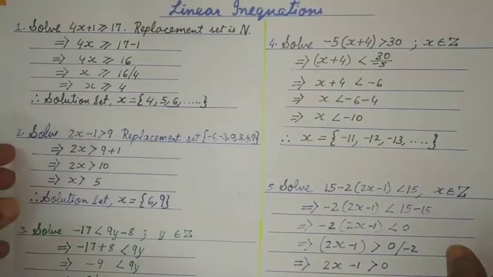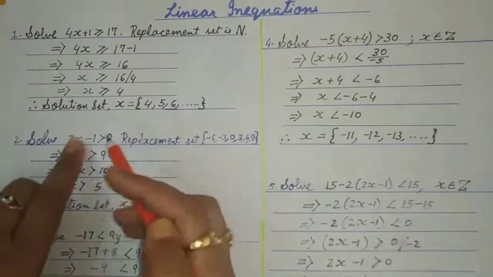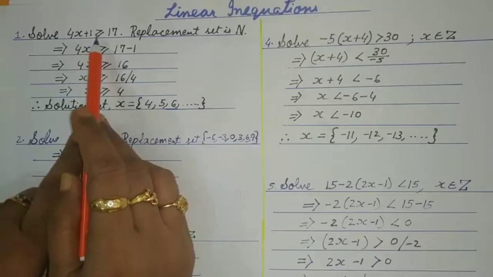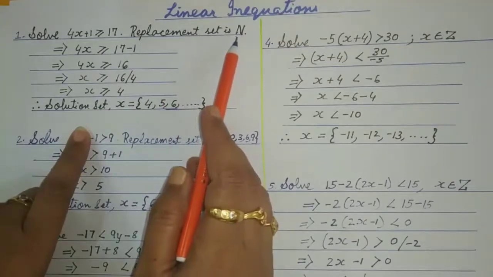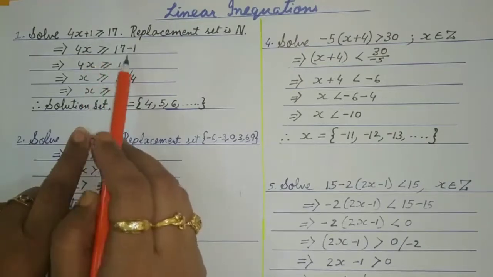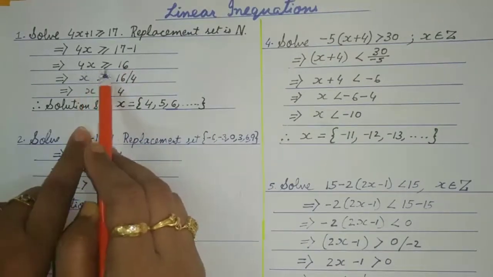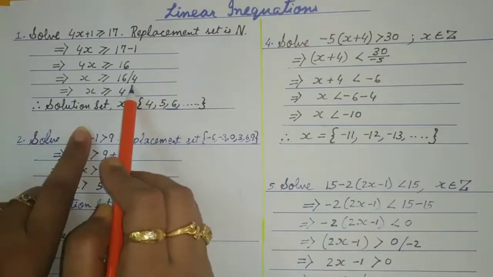Now, there are some questions which I have noted down for you. Let's solve them one by one so it becomes simple and easy, and it will help you to solve your questions. This is the first question: solve 4x plus 1 greater than or equal to 17, where the replacement set is N, the natural numbers. So 4x is greater than or equal to 17 minus 1, the sign doesn't change. 4x is greater than or equal to 16, x is greater than or equal to 16 by 4, a positive number is dividing, so the sign does not change.